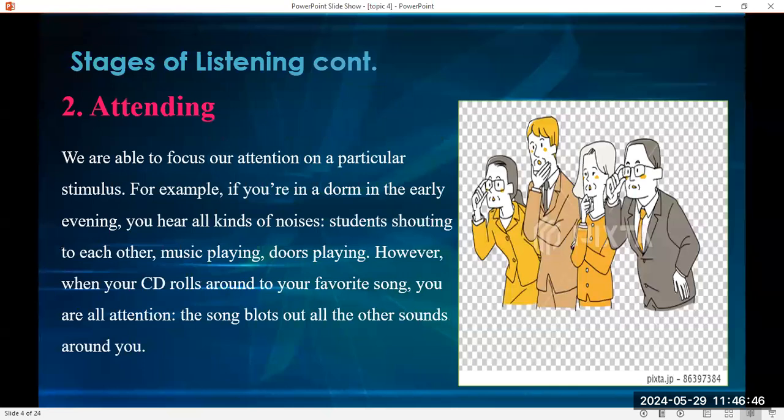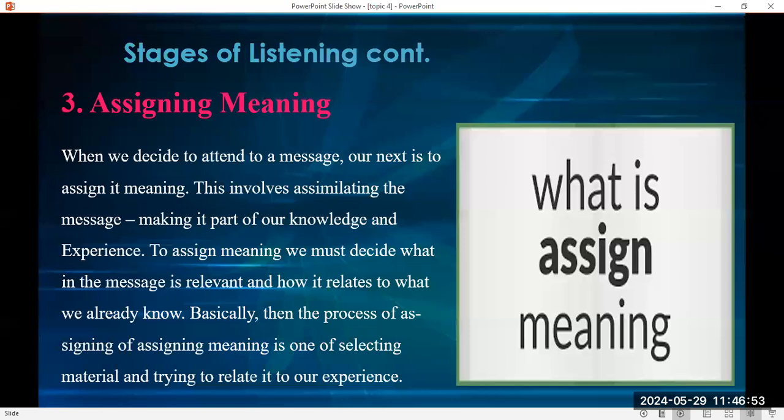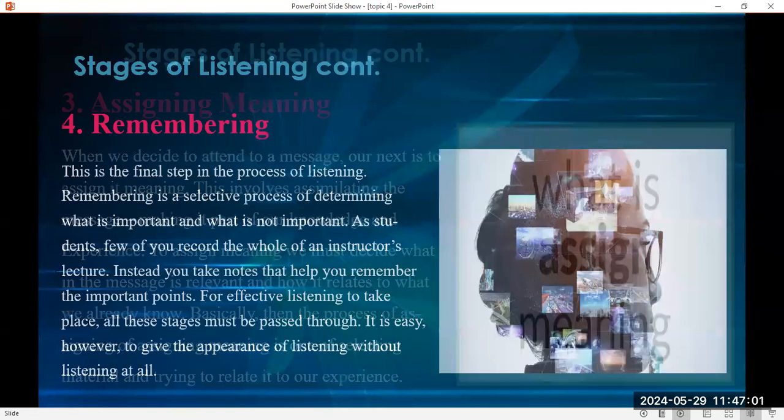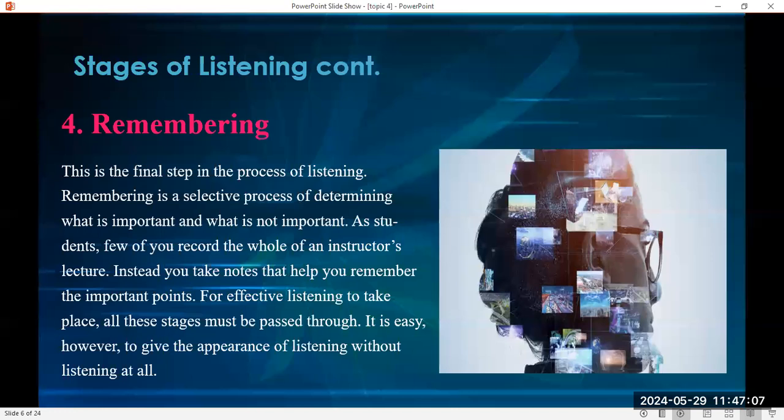They are paying attention. Number 3, assigning a meaning, trying to relate what is being told with your real life experience. And fourthly, remembering. All these stages must be put in place for the listening process to be complete.